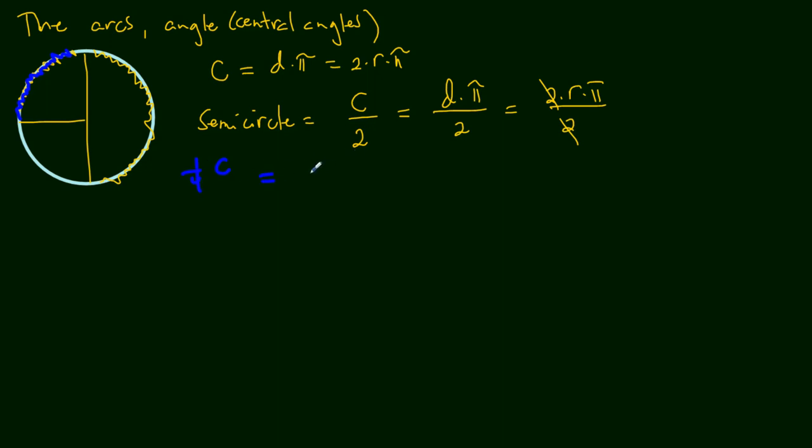Then it should be C divided by 4, and it should be D times pi divided by 4, and it should be 2 times radius times pi divided by 4. And as you can see, then it is half of the radius times pi.